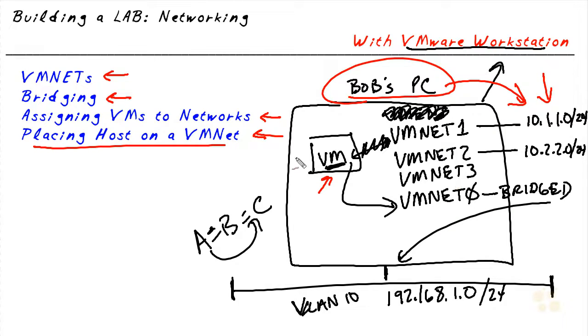So we could configure VMnet 1 to represent the 10.1.1 network, and if we check the box that says we want Bob's PC to also be present and participate on that network, Bob's PC would be given an IP address on that 10.1.1 network as part of VMnet 1. We also have an option of being a DHCP server on a VMnet if we choose to, and those are in the controls of VMware Workstation, which we're going to look at right now.